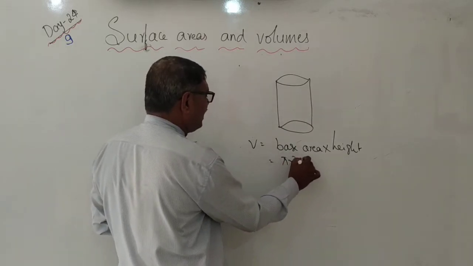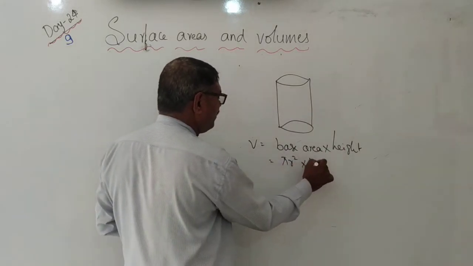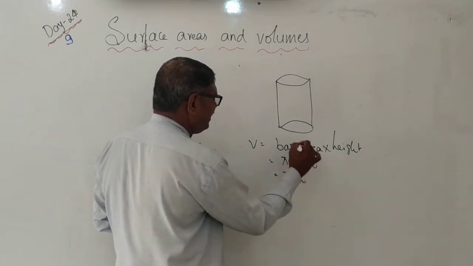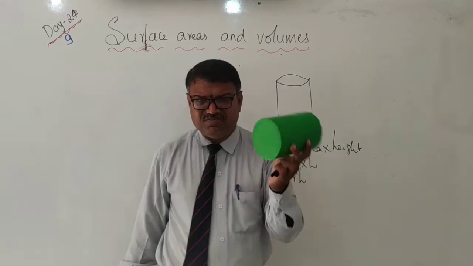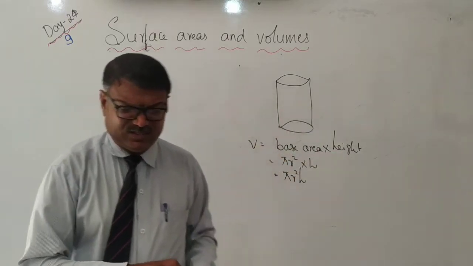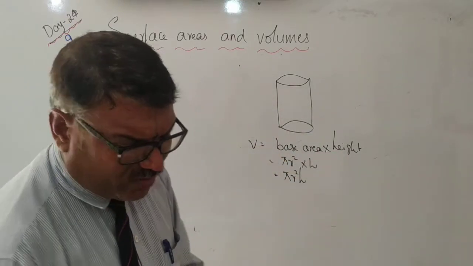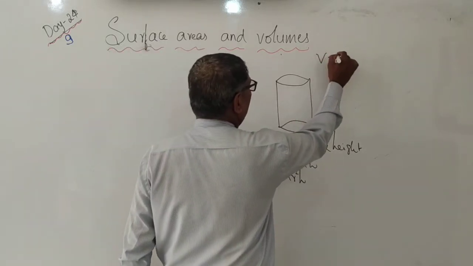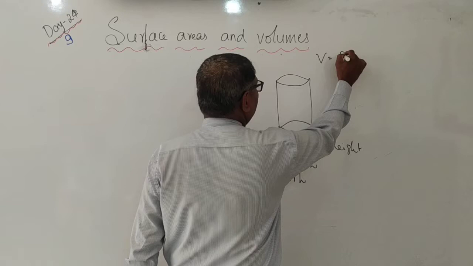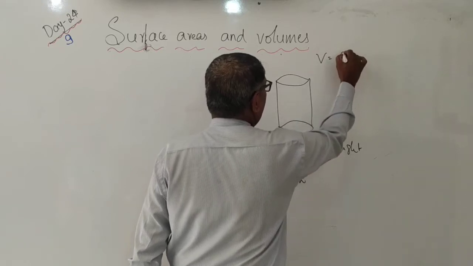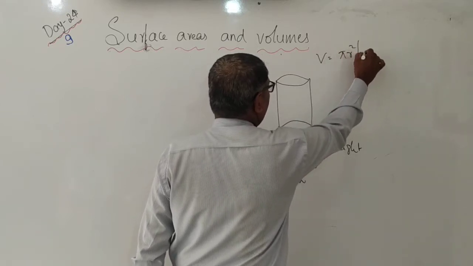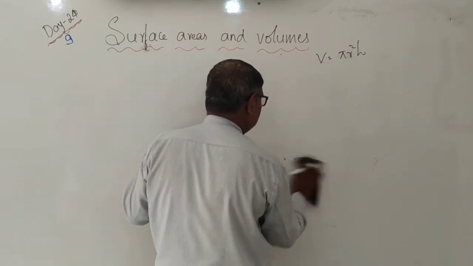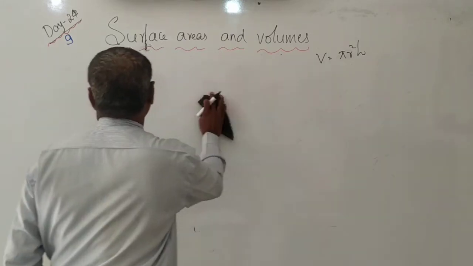Pi r square. And the height is h. Therefore, volume of cylinder is pi r square h. Did you understand? So directly we will go to the exercise. You can write: volume of cylinder is pi r square h. Next, exercise 13.6.